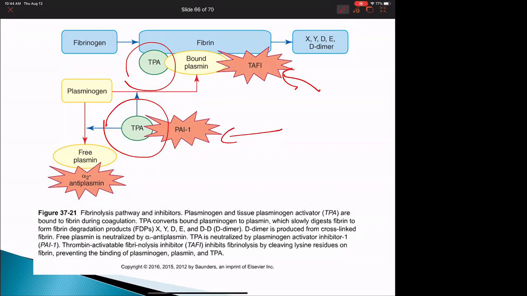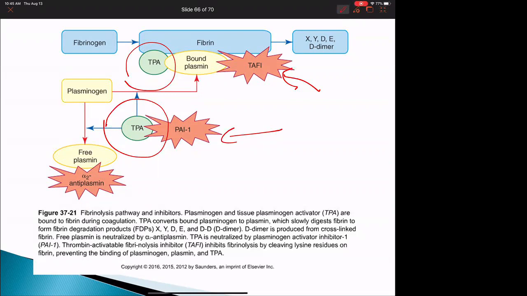TPA then converts bound plasminogen to plasmin, which slowly digests the fibrin to fibrin degradation products. These fibrin degradation products are the X, Y, D, and E products, and also D-dimers.